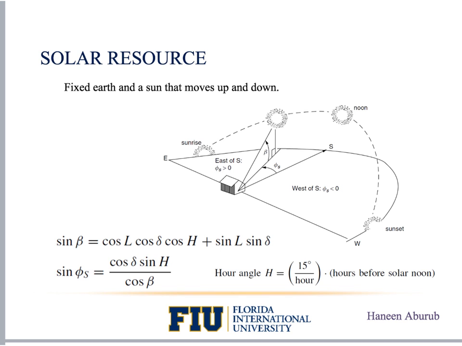So let me write here, h is the hour angle. Okay, so the hour angle can be calculated using this equation, which is 15 degrees divided by hour multiplied by the hours before the solar noon.